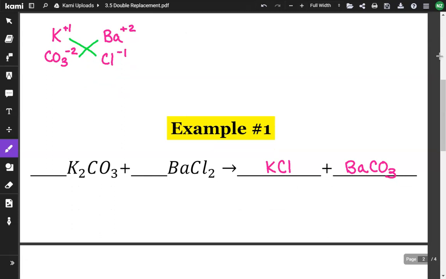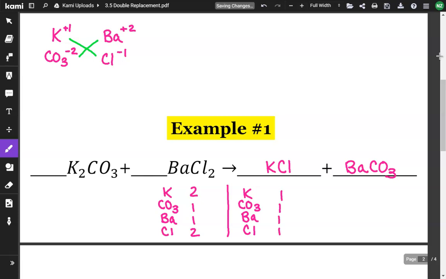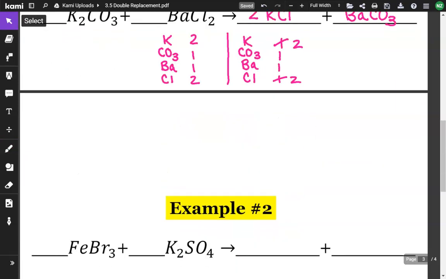So now we can balance this. This one's really easy to balance. I'm just going to put a 2 right here. That goes to the potassium and the chlorine. Balanced. All right, let's look at another one.